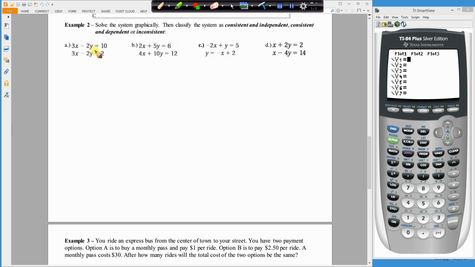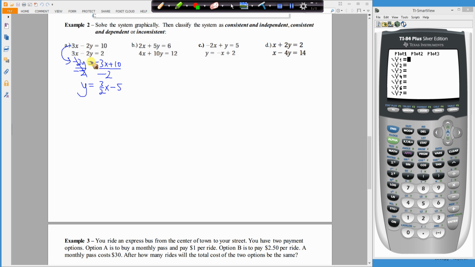So if you look at this, solve each one for y. So basically what you get here, the first one, is negative 2y equals negative 3x plus 10. Divide by negative 2 here. Okay, so what you get is y equals 3 over 2x minus 5.